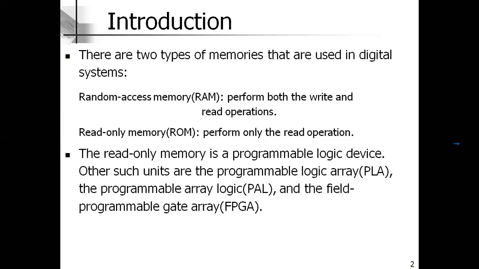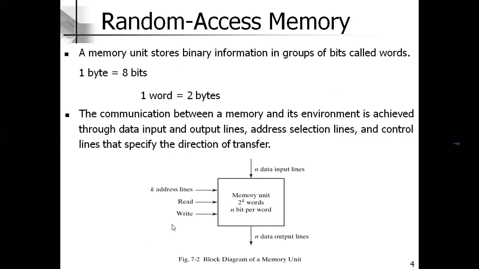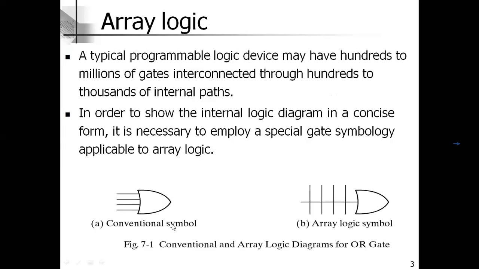The read-only memory is a programmable logic device. There are different such units: programmable logic array, programmable array logic, and field programmable gate array. These are the conventional symbols for using array logic.